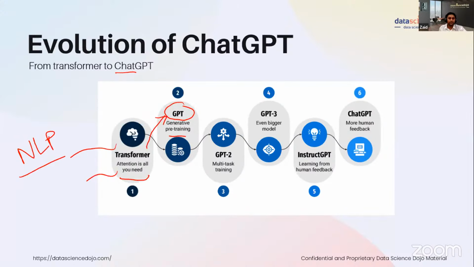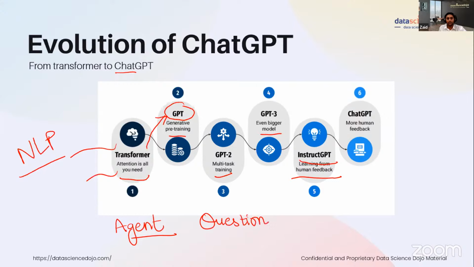Then there comes GPT-2. It was a multitask training model. And then we trained GPT-2 and GPT-3, an even bigger model. And then we trained it on instruction prompt training. And what is that? Consider an Instruct GPT as an agent. We have pre-trained it on questions and answers.